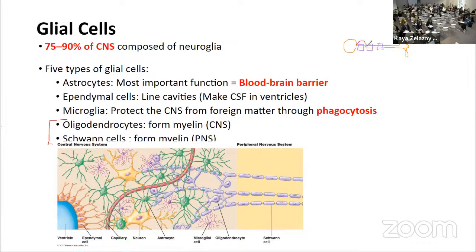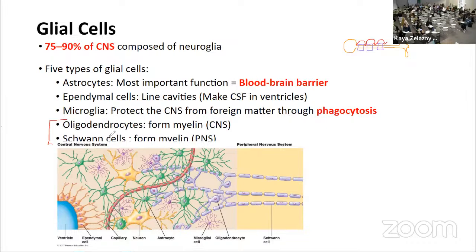We jump through a process called saltatory conduction from node to node, between our nodes of Ranvier, so we can have faster connection in our nervous system. So our action potential moves faster down the axon, so down this part of the neuron, towards our next neuron that we're going to synapse with.